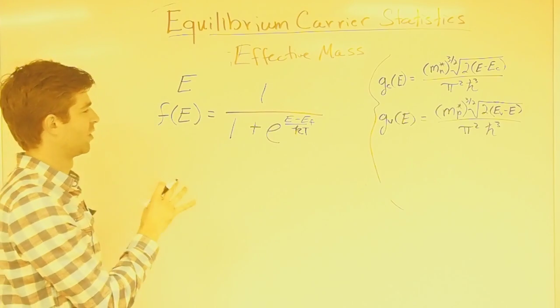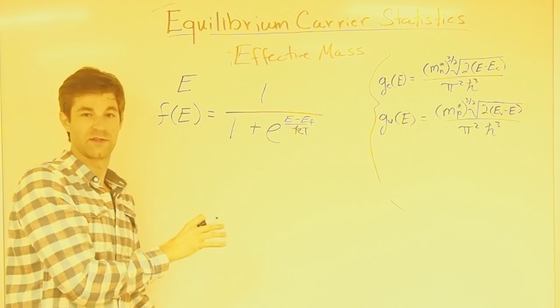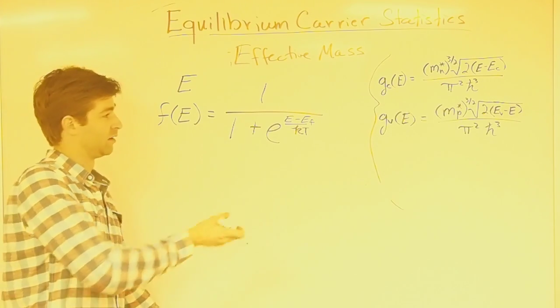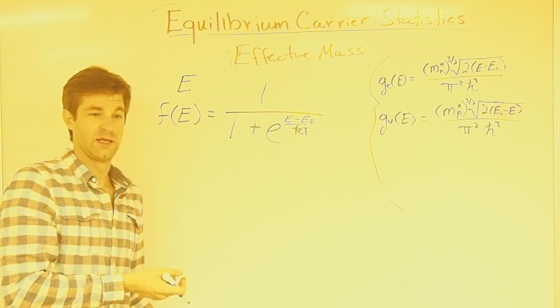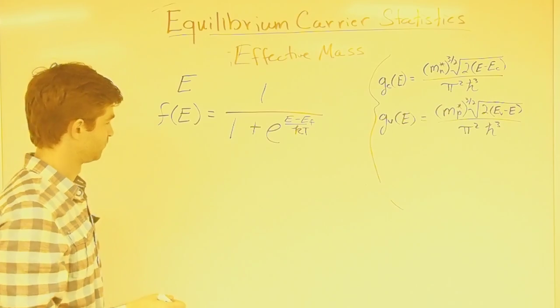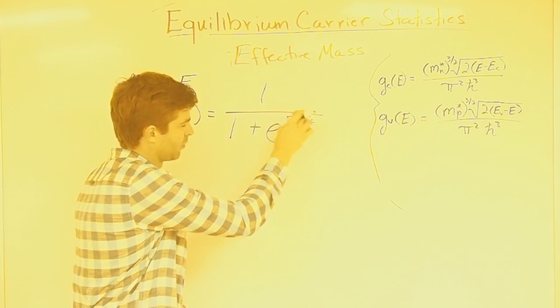The Fermi function tells the probability that a given state in the conduction band or valence band is occupied by a carrier. So it's a function of energy, of course, and E_F is the Fermi level.